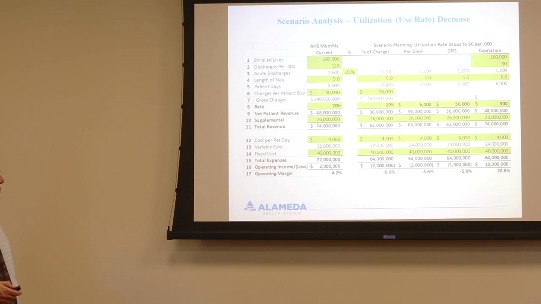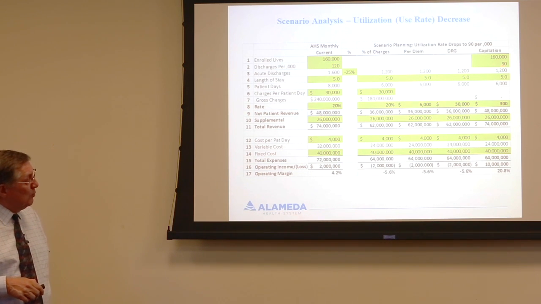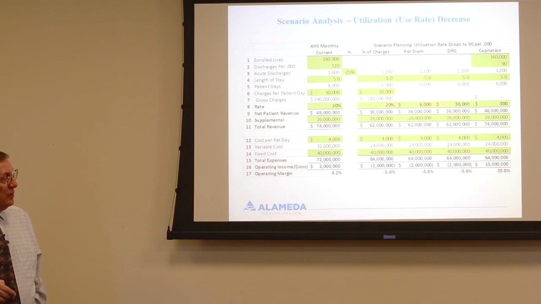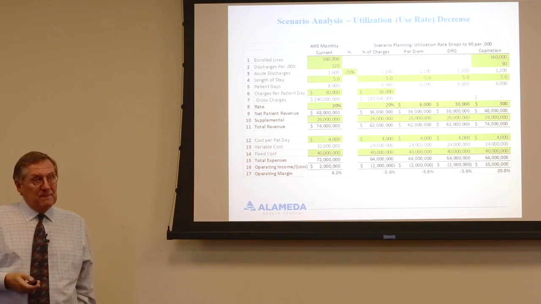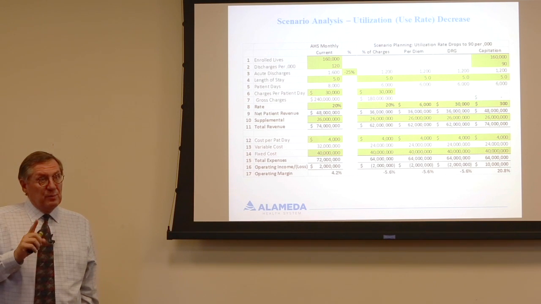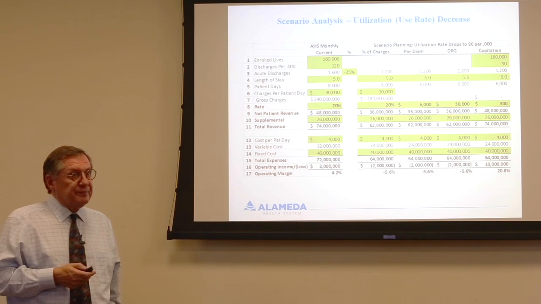Now, what would happen if the utilization rate, that's this number, discharges per 1,000, went down by 25%? And just to give you some information, the commercial use rate in California is about 75 for commercial patients. For Medi-Cal, it's less. For Medicare, it's more.